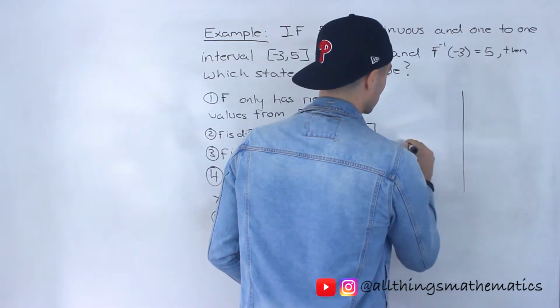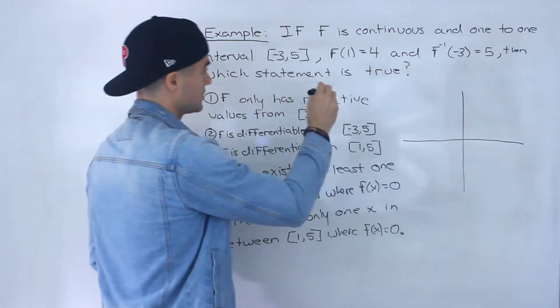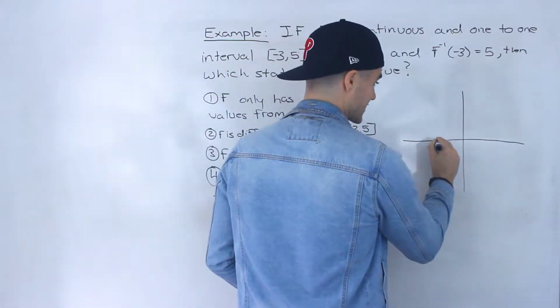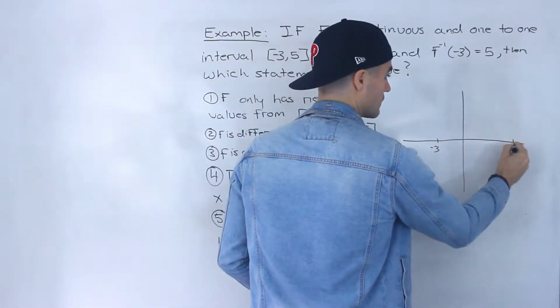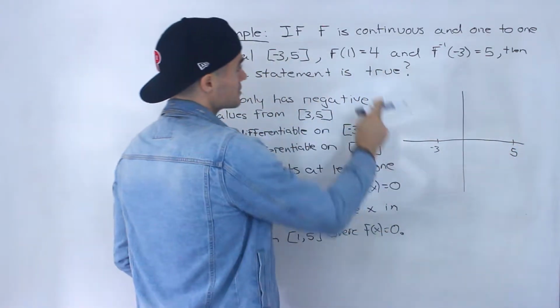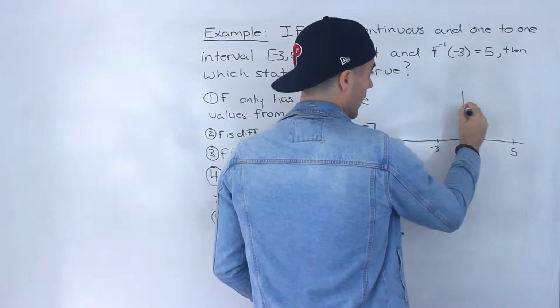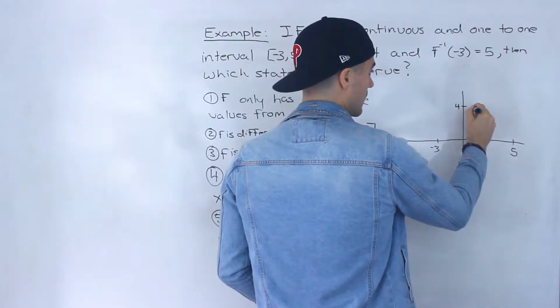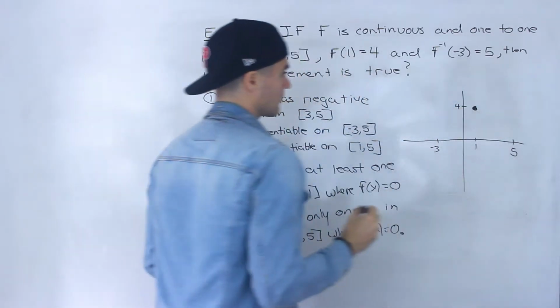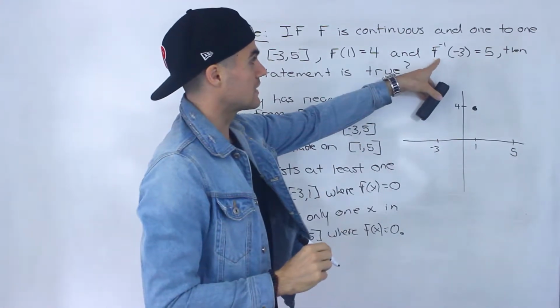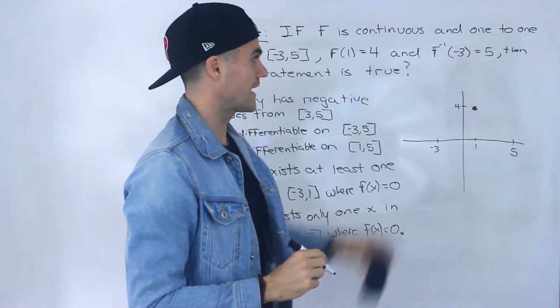So we're told this function is continuous and one-to-one on the interval [-3, 5], so between the x values -3 and 5. We're also told f(1) is equal to 4, so at an x value of 1, we got a y value of 4, so that would be over here. And then we're also told the inverse has a point (-3, 5).